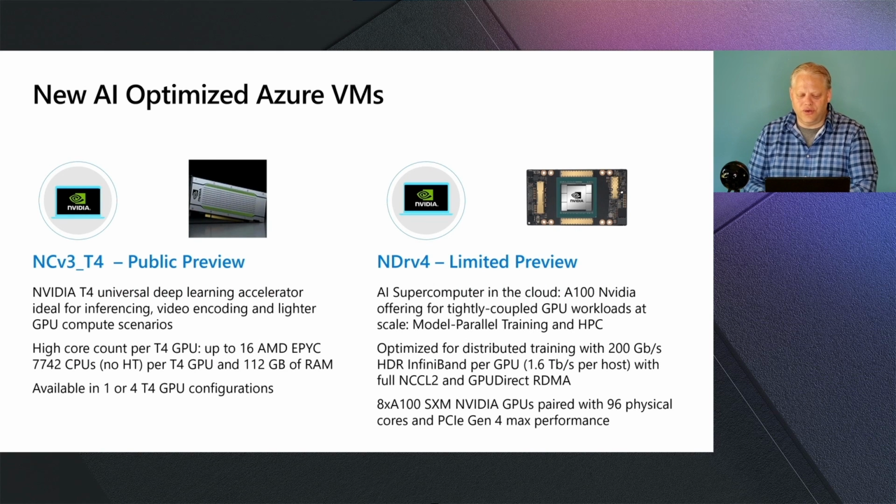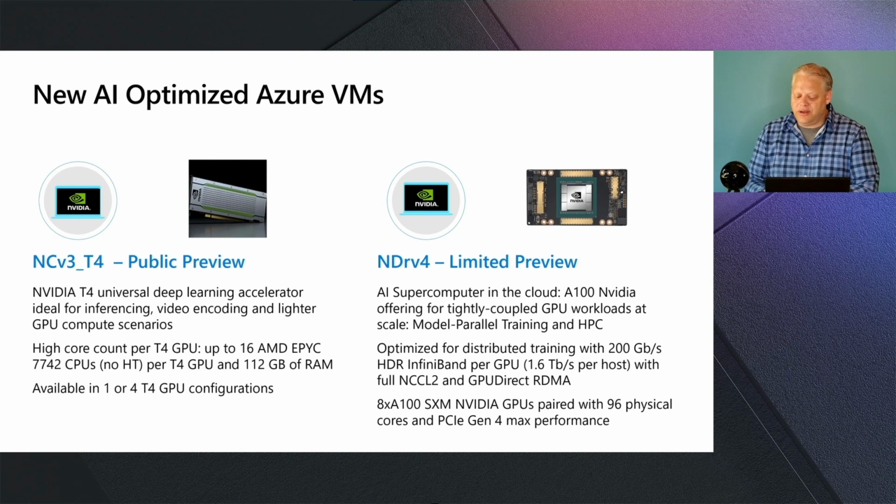Moving on to our AI optimized and GPU optimized instances. The first one that I want to announce is the public preview of the NCV3 T4 instances. This is with the Nvidia T4 deep learning accelerator. And so this is a great GPU-based machine for inferencing, video encoding, and some of the lighter GPU compute scenarios.